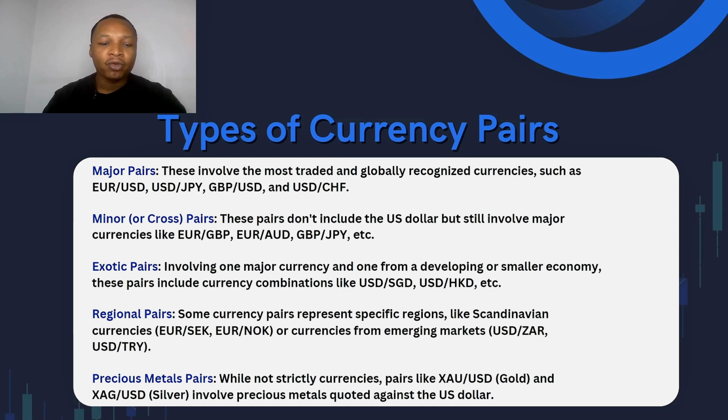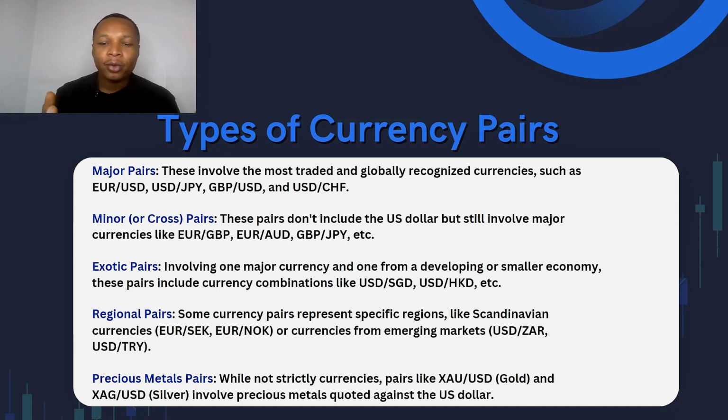We also have what we call regional pairs, which are currencies from a region like the Scandinavian currencies. For instance, we have the Norwegian krone and the Swedish krona. So when we have the euro, which is a major currency, paired against Scandinavian or emerging market currencies like the Swedish krona or the Norwegian krone, we call that a regional pair.